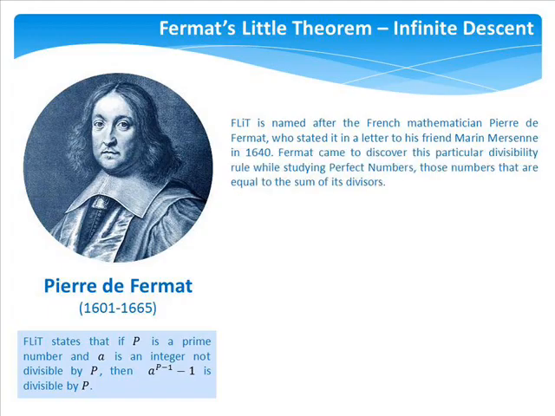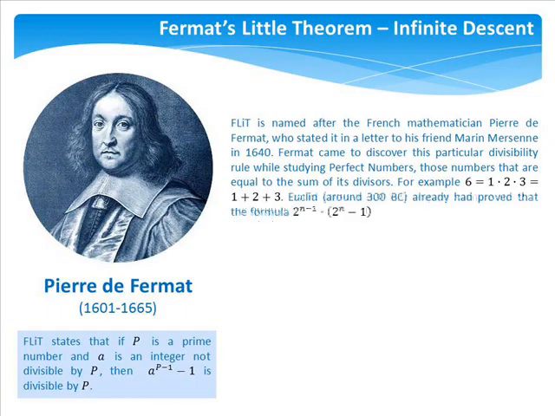Fermat came to discover this particular divisibility rule while studying perfect numbers, those numbers that are equal to the sum of their divisors. For example, 6 equals 1 times 2 times 3 equals 1 plus 2 plus 3.